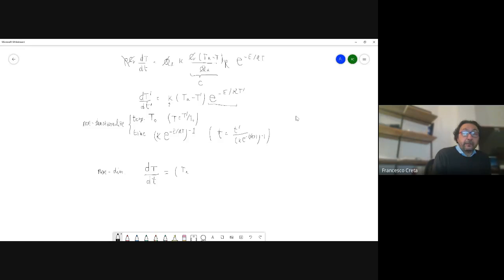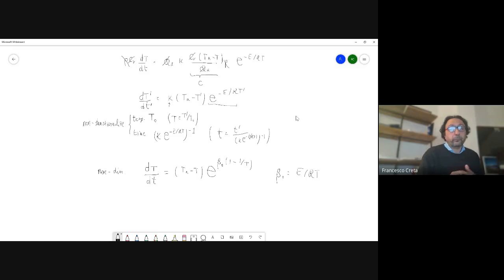It's TA minus T. So now everything is non-dimensional, the temperatures, the times. And here we can introduce a parameter beta 0 times 1 minus 1 over T, where this beta is just a measure of E over RT. It's just a measure of the activation energy. I'm just using a more compact form.